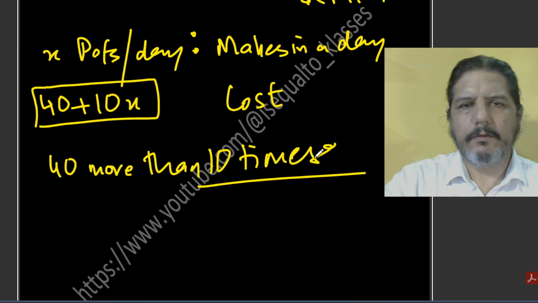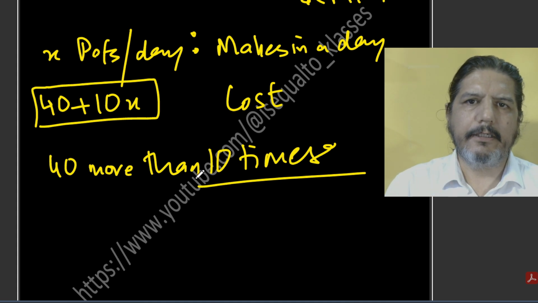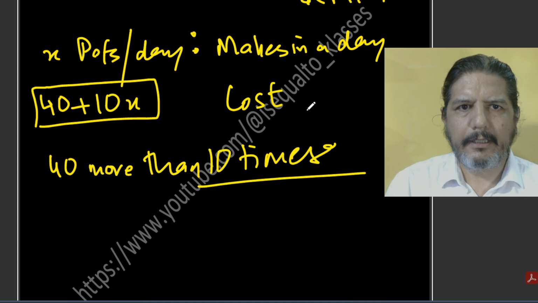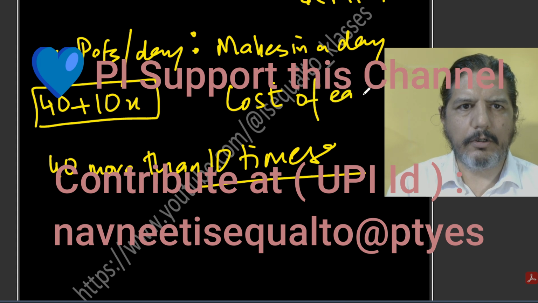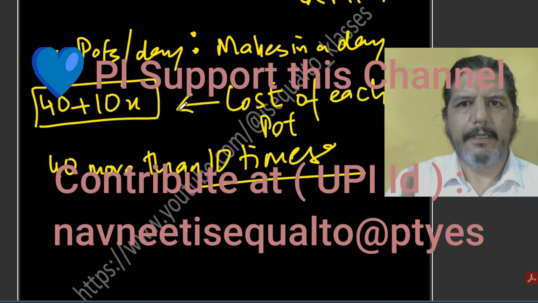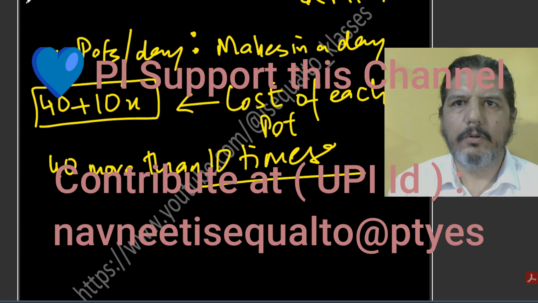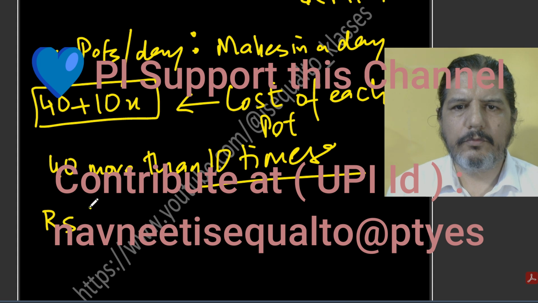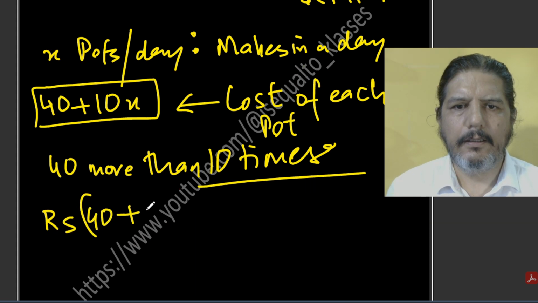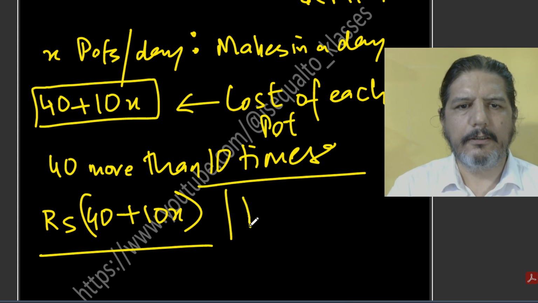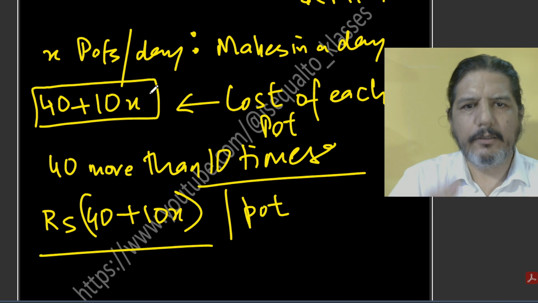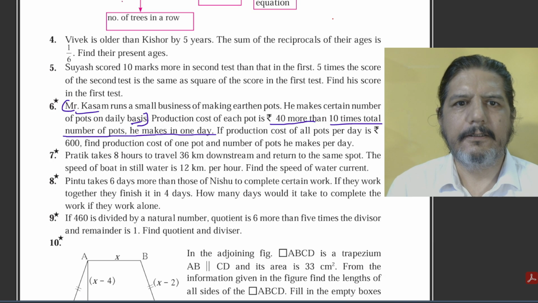So now the information that we have is that he makes x pots per day and the cost of each pot is rupees 40 plus 10x. So rupees 40 plus 10x is the cost per pot, and he makes x pots per day. I hope you are clear till here.